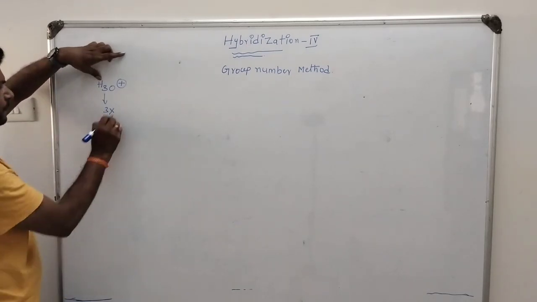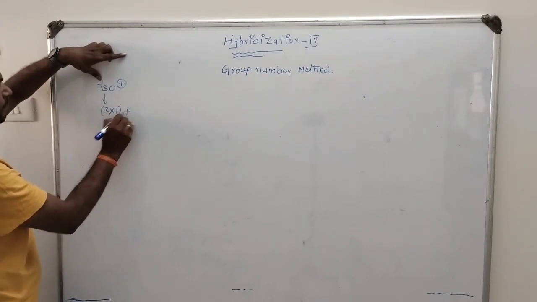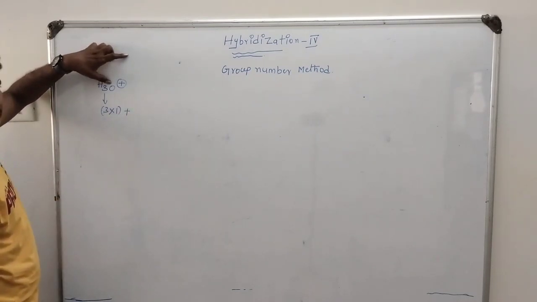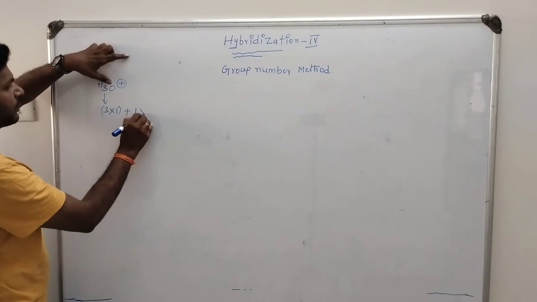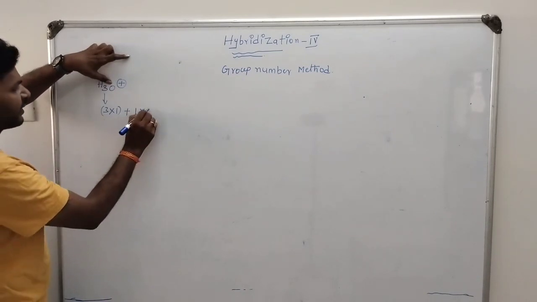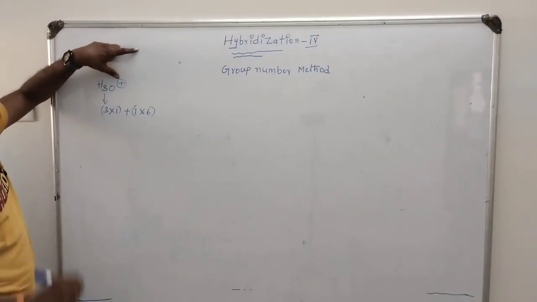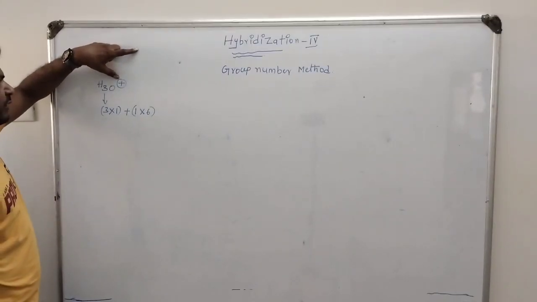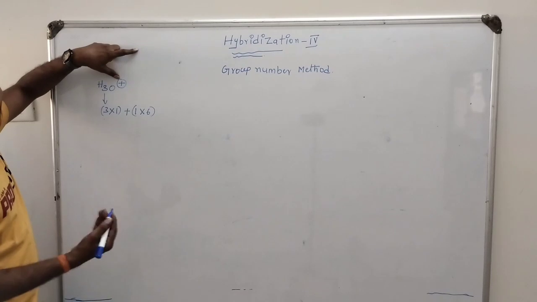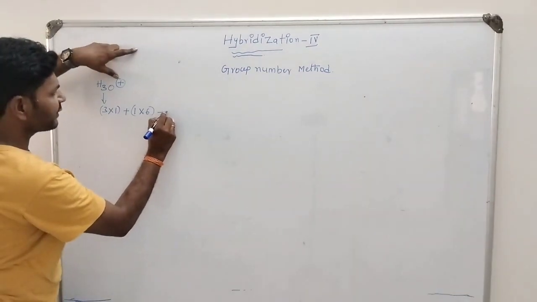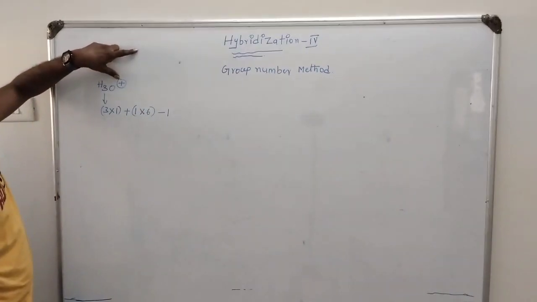Next, H3O+: total number of hydrogen atoms is 3, hydrogen group number 1, plus total number of oxygen atoms is 1, oxygen group number 6. Here 1 unit of positive charge is there. So what does 1 unit of positive charge indicate? Loss of electron, so loss of electron means we indicate minus 1.